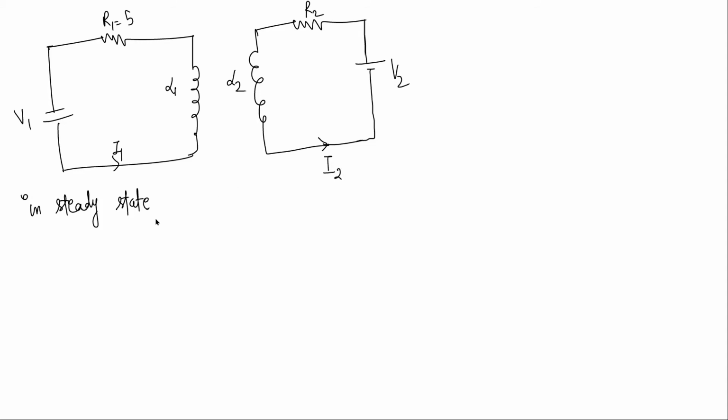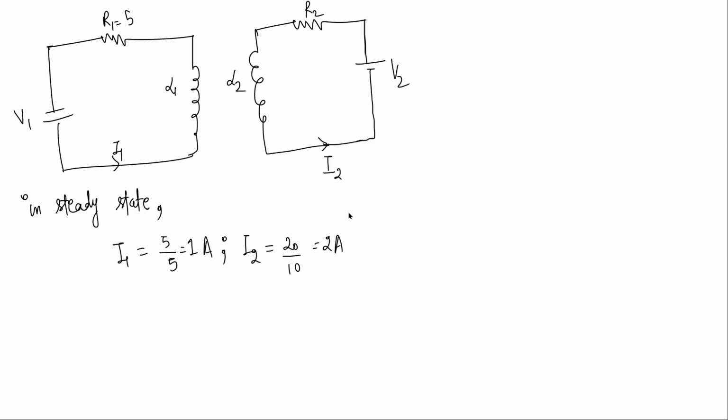So we can write in the steady state, I1 would be V by R1, that is 5 by 5, equal to 1 ampere, and I2 would be 20 by 10, that is 2 ampere. In the steady state, the inductor becomes short. It behaves as a normal conducting wire only at t equals infinity, that is steady state.